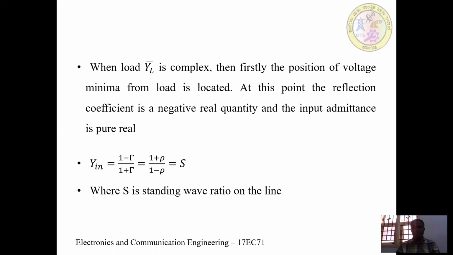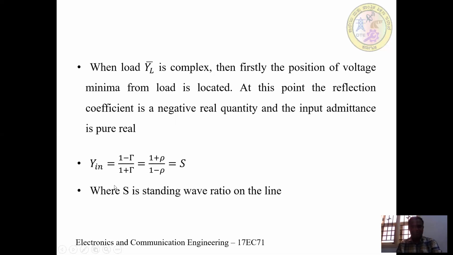At this point, the reflection coefficient is a negative real quantity and the input admittance is pure real. This is very important. The point where the minimum value is there, the voltage minimum, is identified. At this point the reflection coefficient is negative real, and the input admittance is purely real.